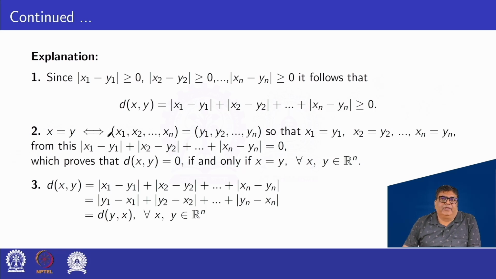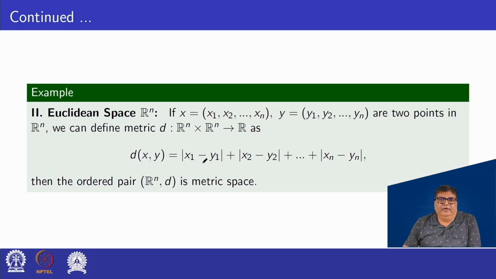Explanation. Here we have n terms: the absolute value of x1 minus y1 plus the absolute value of x2 minus y2 plus and so on, the absolute value of xn minus yn. So these are absolute values, a sum of absolute values, so this is positive, that is greater than or equal to 0.